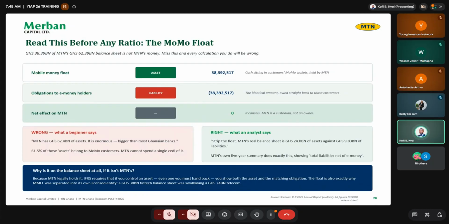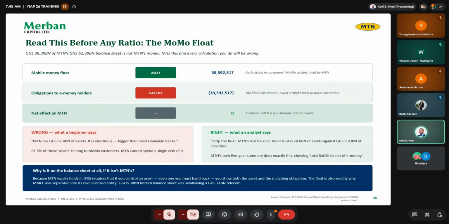Hope this side is clear now. Yesterday, because I was rushing, I wasn't able to explain it to you, but this is the simple explanation. MTN has total assets of 62.4 billion. Out of the 62.4, 38.4 belongs to mobile money holders.